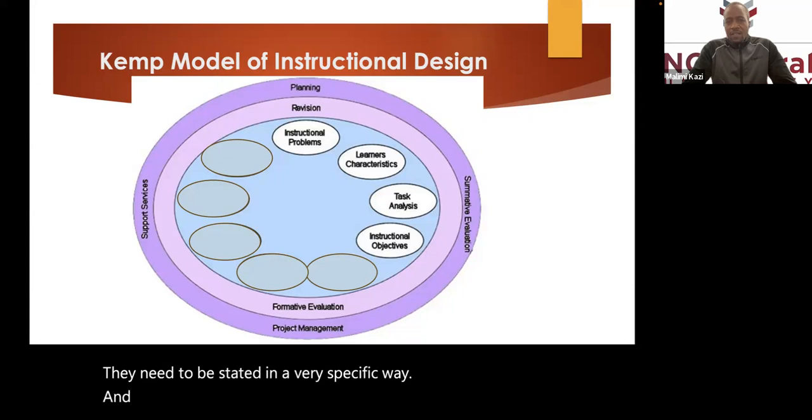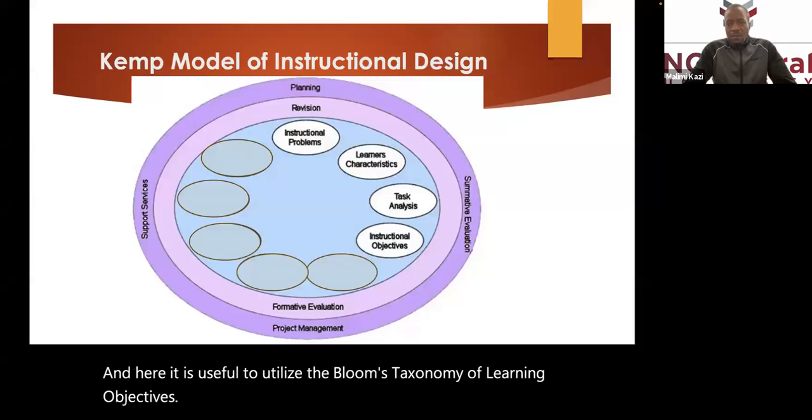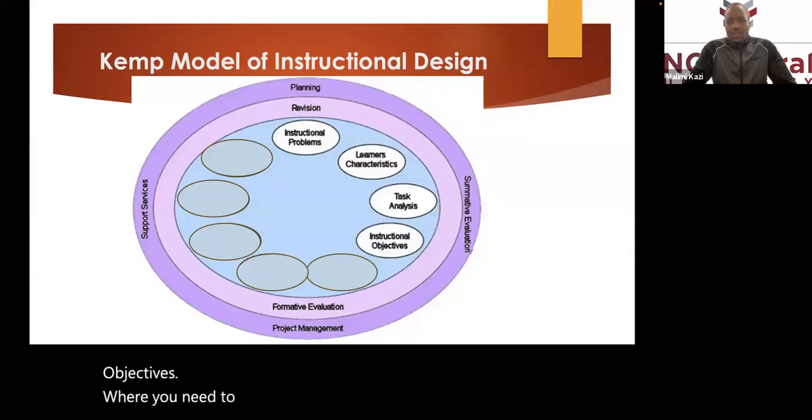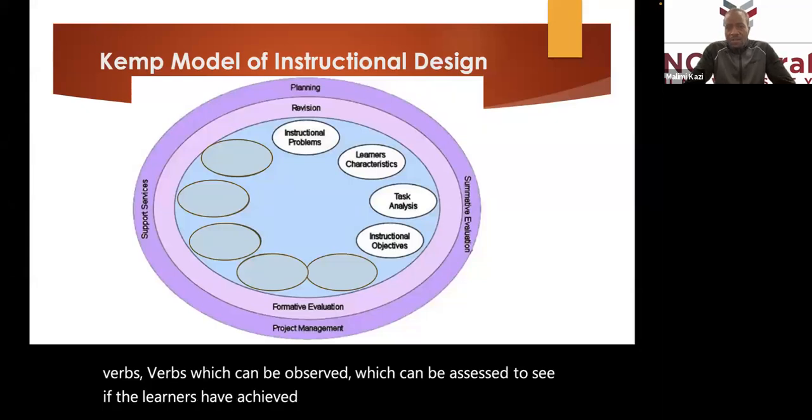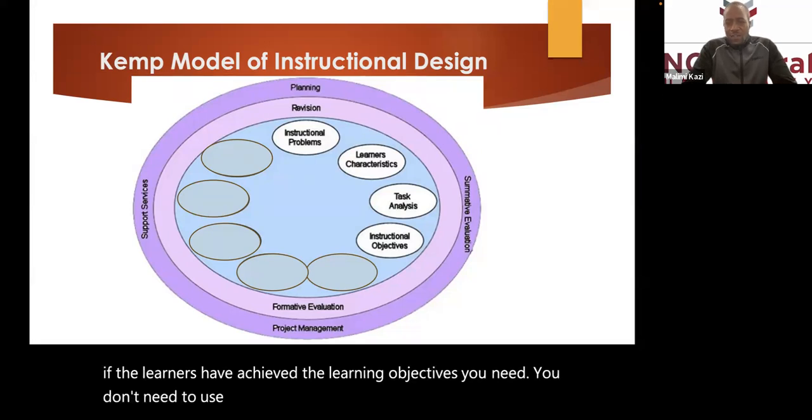And here it is useful to utilize the Bloom taxonomy of learning objectives, where you state your learning objectives using action verbs, verbs which can be observed and assessed to see if the learners have achieved the learning objectives. You don't need to use abstract verbs. You need to use action verbs.